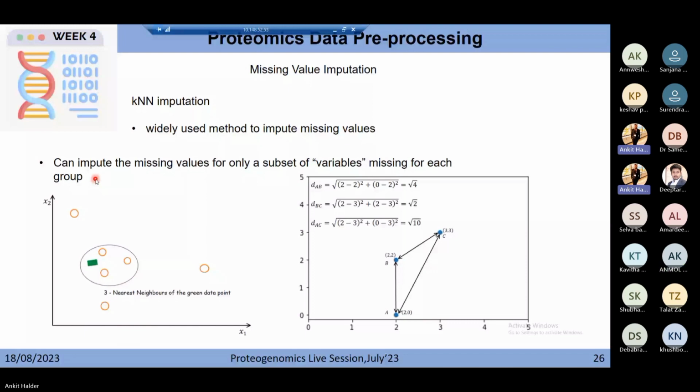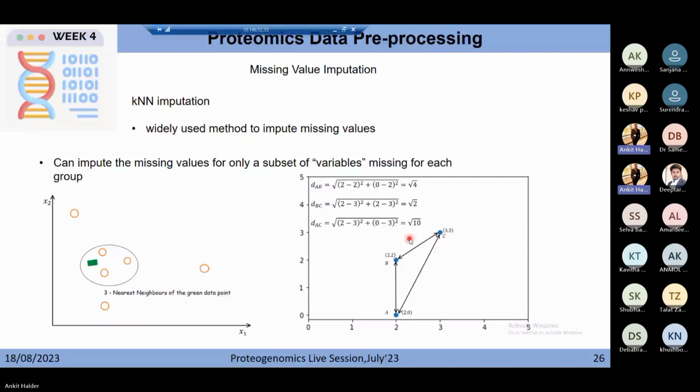Here you can see that this green value is the missing one, and these are the other values. It will try to find the nearest neighbor among each, and once it has found them, on the basis of this data it will impute the value. How are the nearest neighbors calculated? Mostly they are calculated with the Euclidean distance, to see which data point is the nearest one.